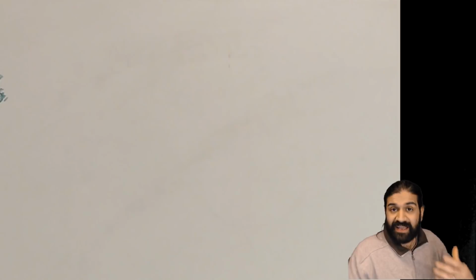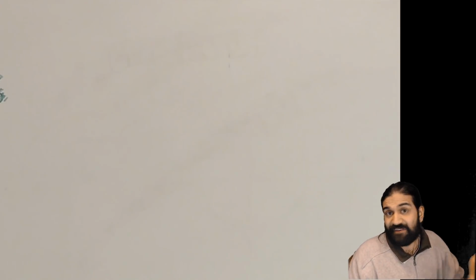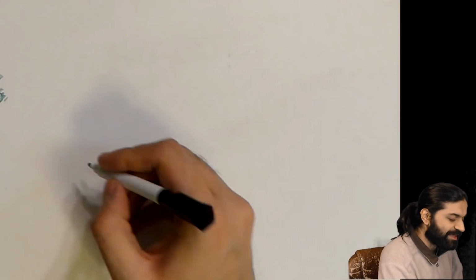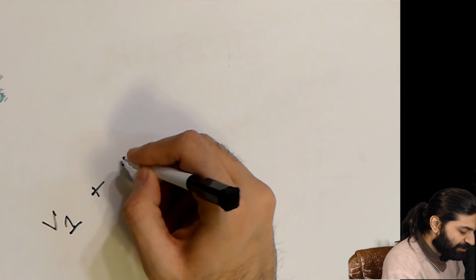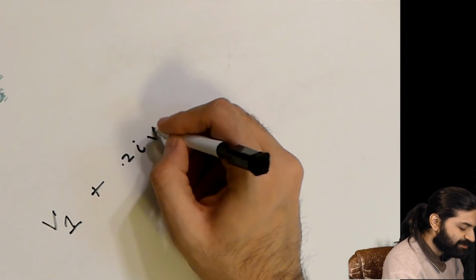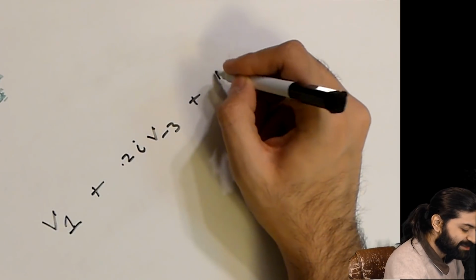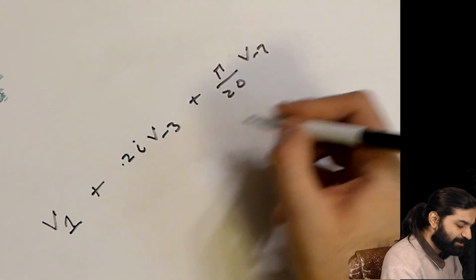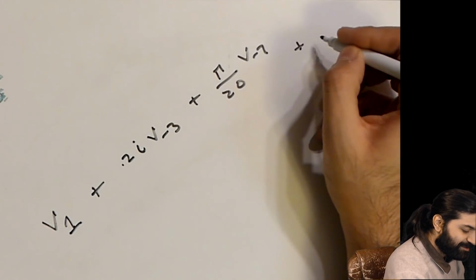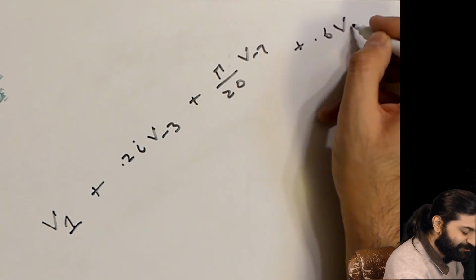Now, to get more complicated paths, you can, of course, add everything we've constructed so far. So you can think about things like, what is v1 plus 0.2i times v minus 3 plus pi over 20 v minus 7 plus 0.6 v8?